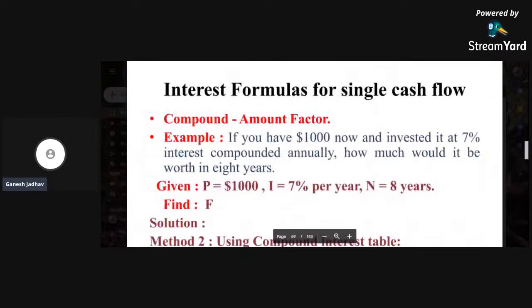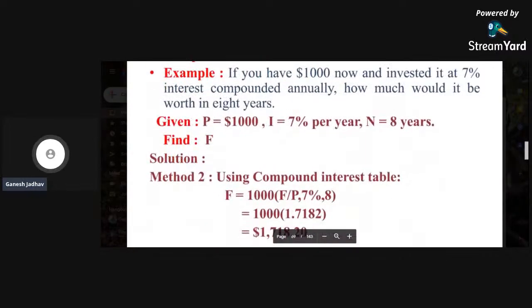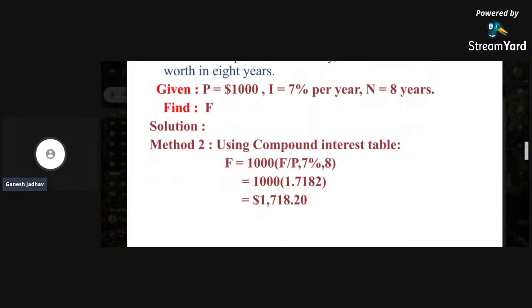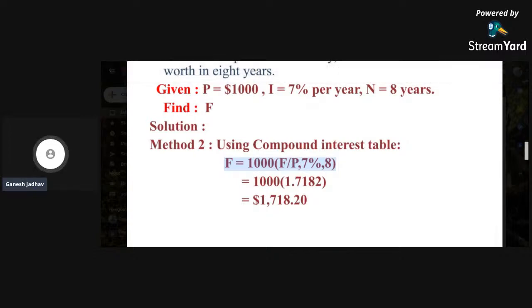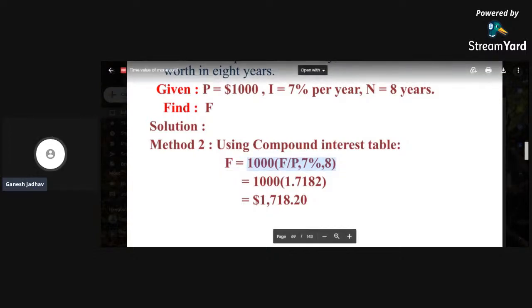Then you can solve this example by using another method. That is the second method, using the compound interest table. The table gives your primary value, that is 1000.